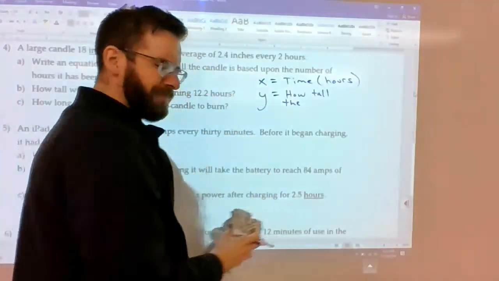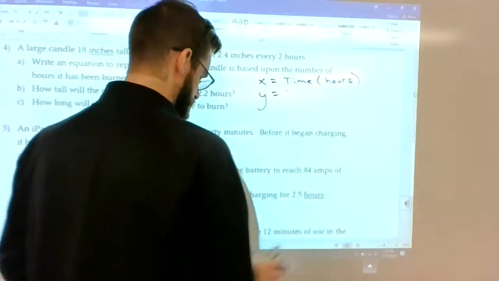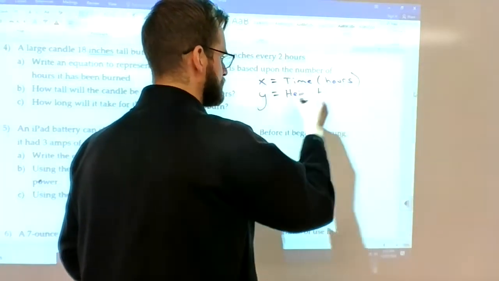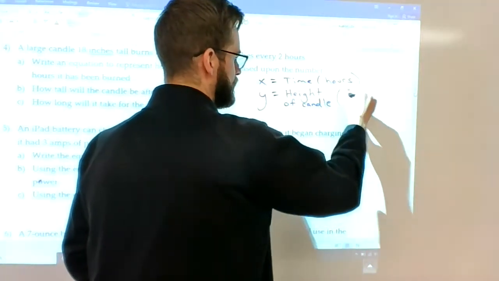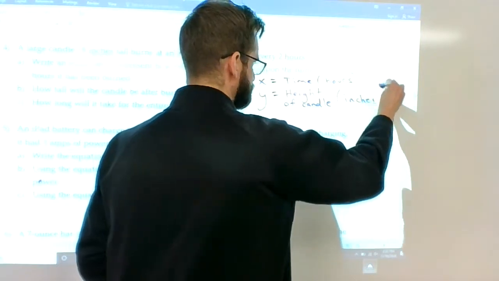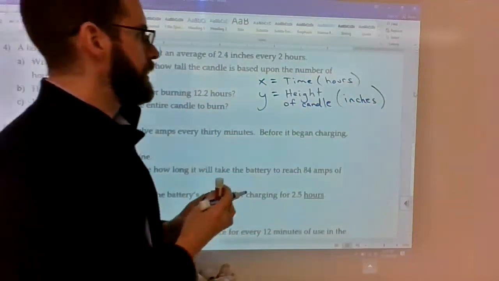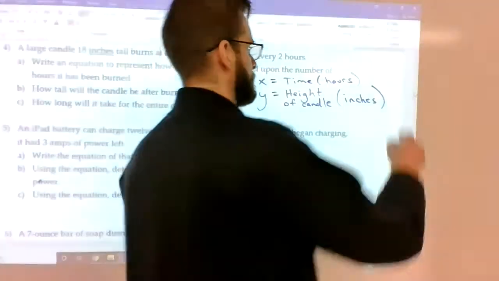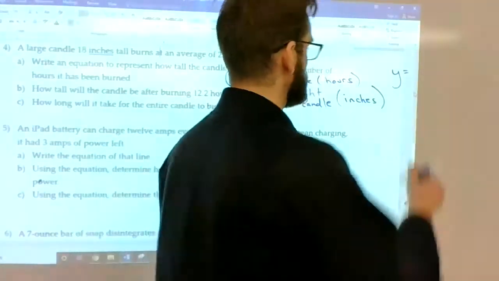Height of the candle seems like a way better way of talking about it. Much more elegant. Height of the candle, that's going to be in terms of inches. Okay, so part A requires us to define our variables. Then we have to use y equals the starting point.